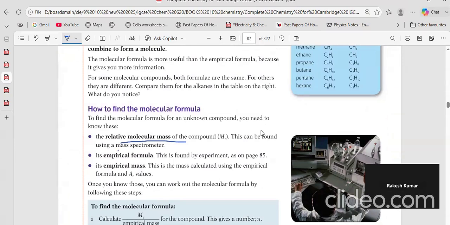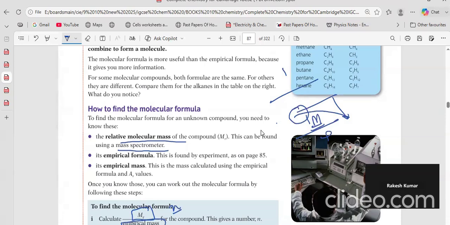There's something called mass spectrometry, you will learn in a higher class. What they do is they ionize a molecule, and then they put it in an electric field, and it gets deflected, and the amount of deflection tells you what mass each molecule is. And once you know the molecular mass, if you divide it by the empirical mass, you find a common factor.